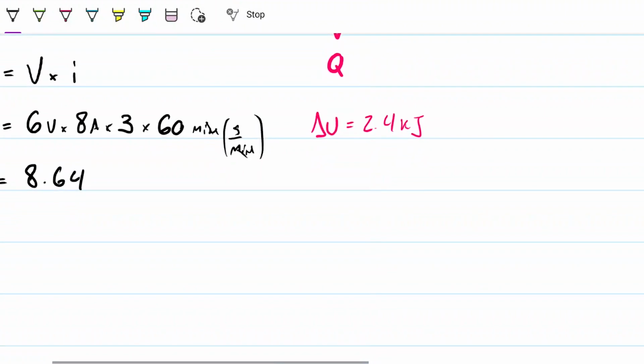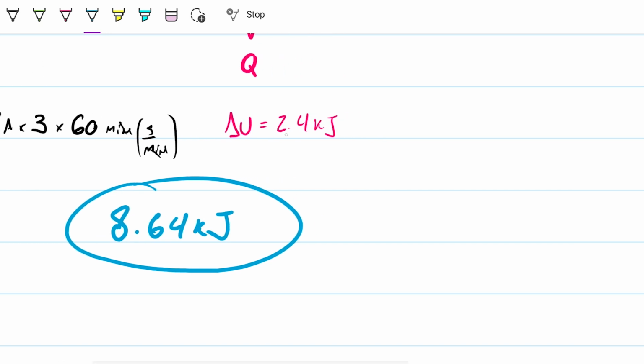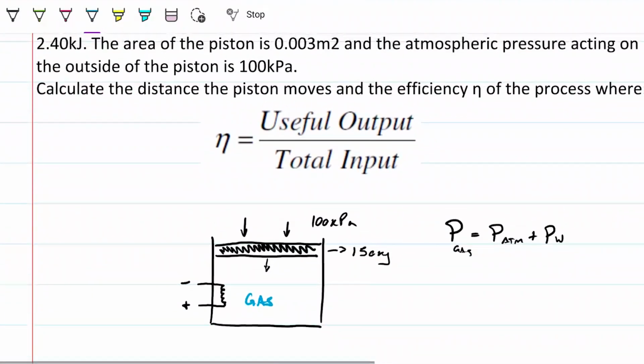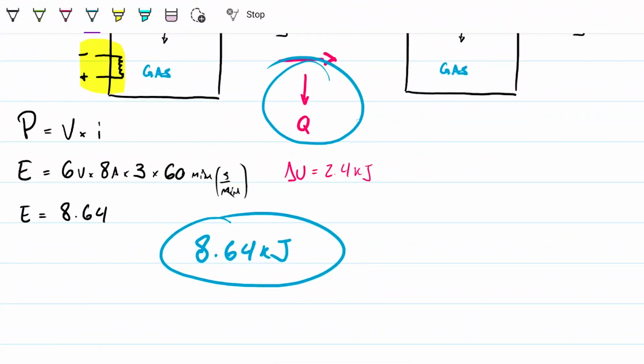Our gas, on the other hand, is taking this like so. It has 8.64 kilojoules of energy to play with, and it uses it like so. 2.4 goes to the internal energy, so it increases its internal energy by 2.4 from here to here. 5.8 is actually lost in the form of heat.